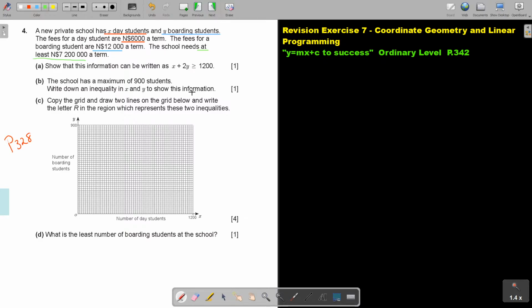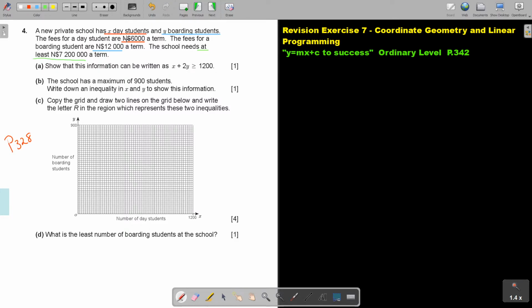As soon as they give you a condition, so the condition is cutting, then you make an inequality out of cutting. And if the condition is sewing, then you make an inequality out of that. So in this one, I think in the exam they are going to help you. They usually help you to identify that condition. So they say show that the information can be written.